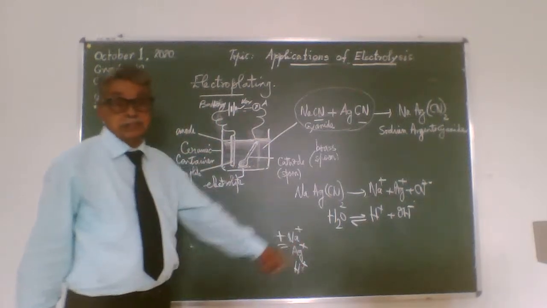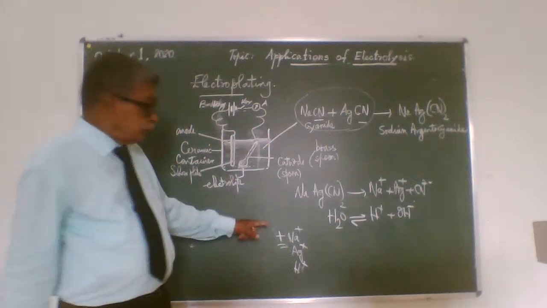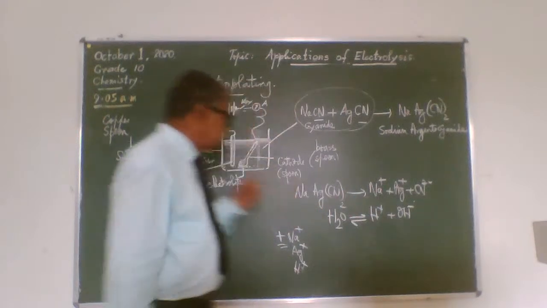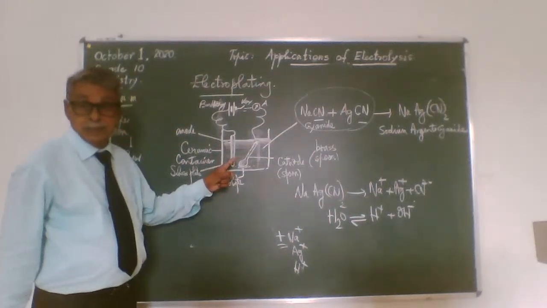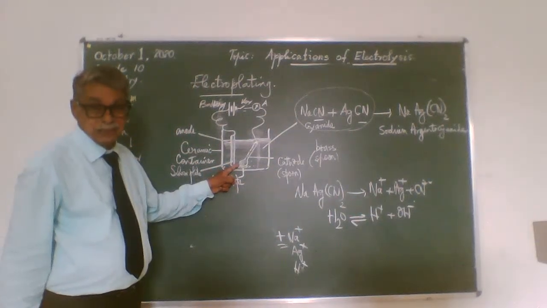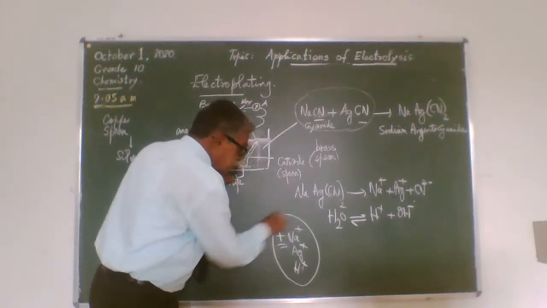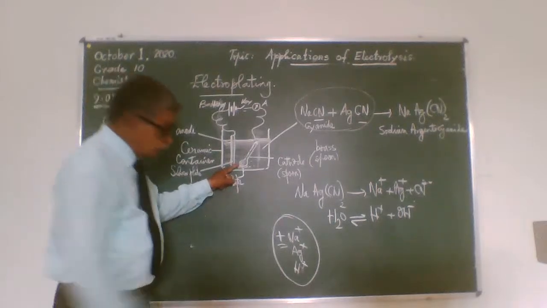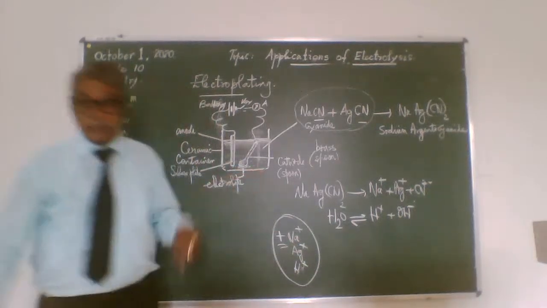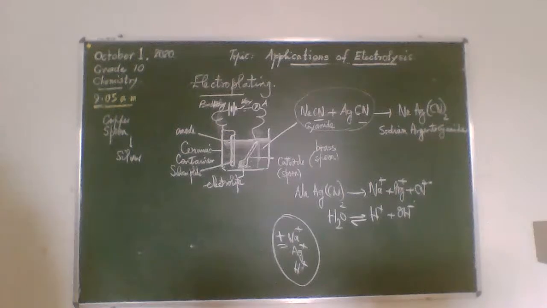These are the only positive ions. These positive ions will go towards the cathode. Out of all these three, the lowest in the electrochemical series is silver, Ag.